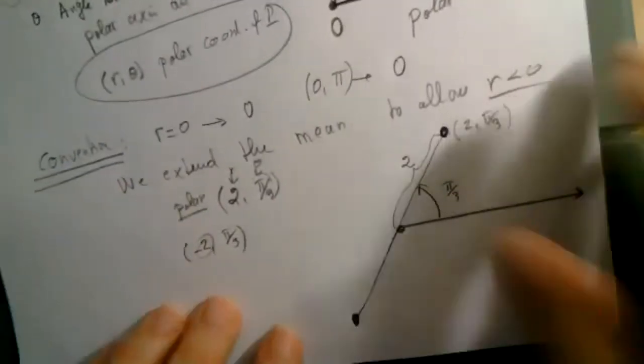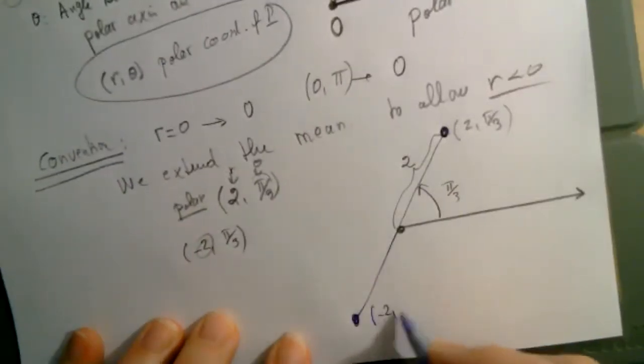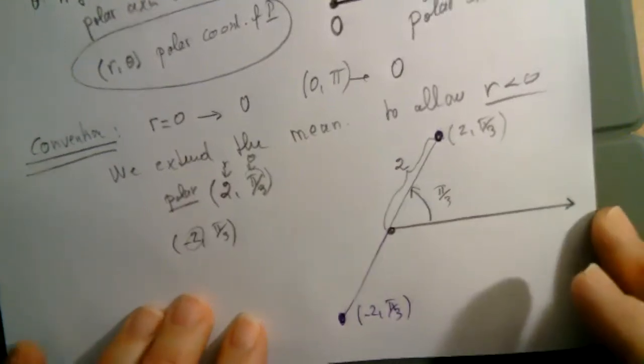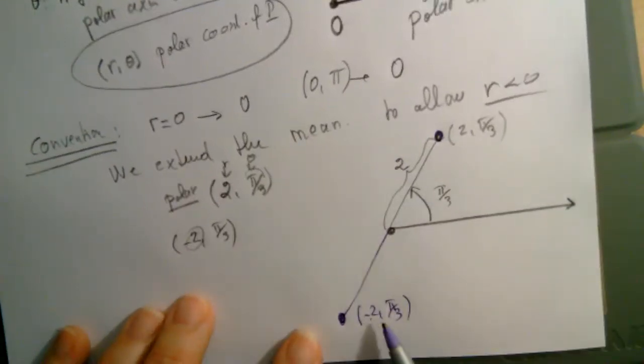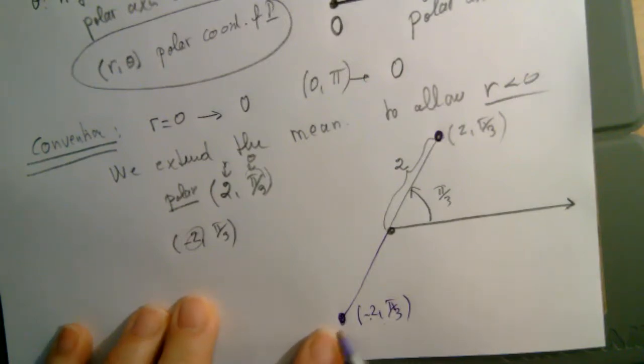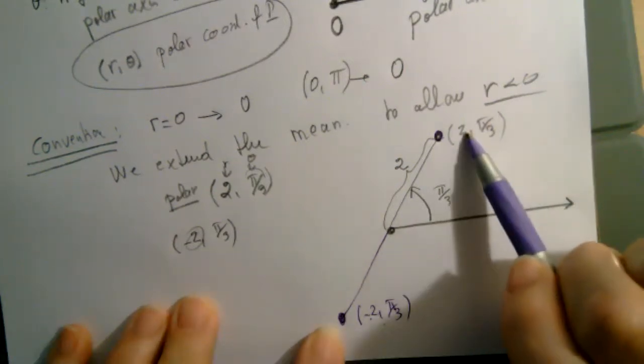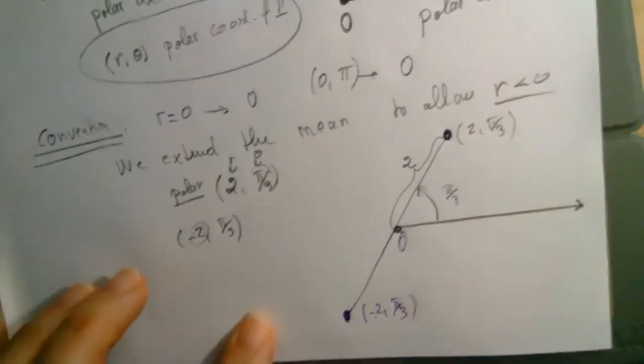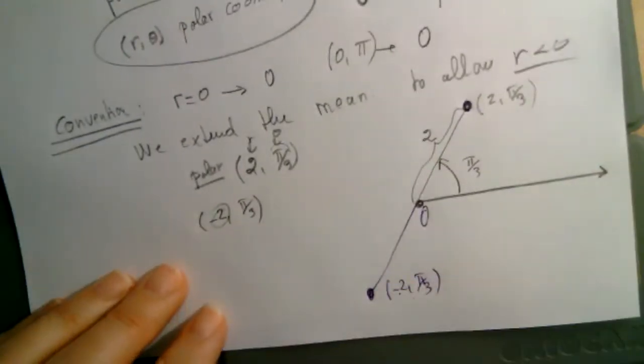That's the point (-2, pi over 3) in polar coordinates. So that's the convention we use. If r is negative, which point does it represent? It actually represents the point which is symmetric to the positive one with respect to O. So that's geometrically what it is.